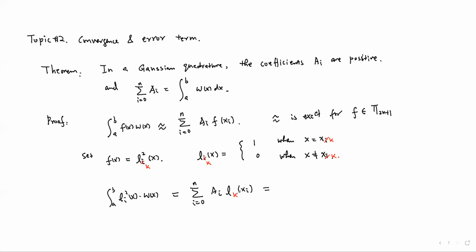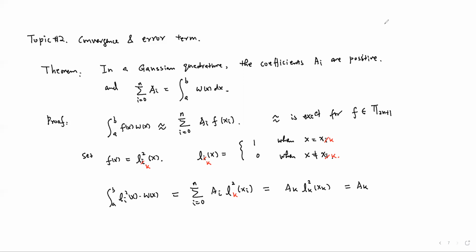When i is not k, the terms are 0. So actually this sum is a_k Lk square of x_k. But Lk of x_k is equal to 1. So a_k.